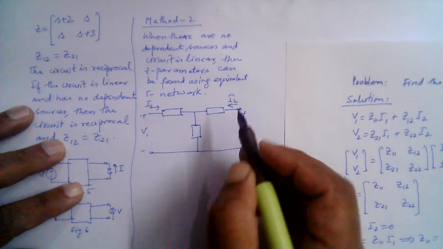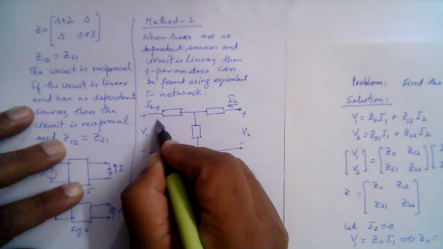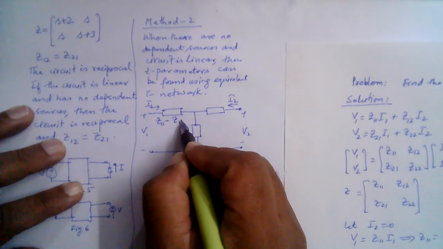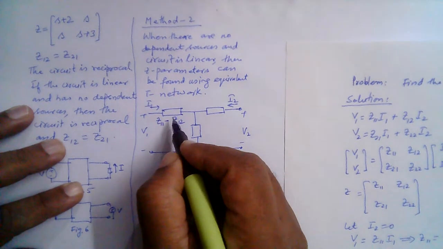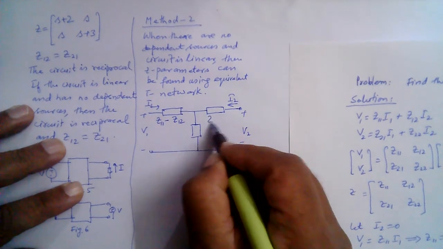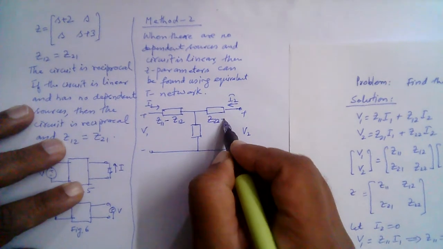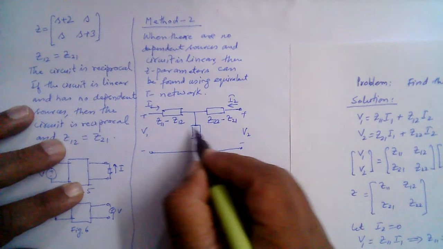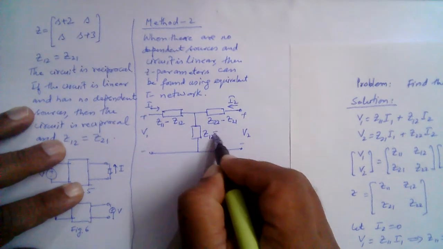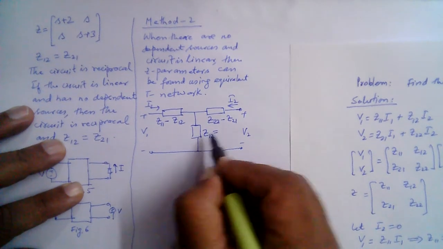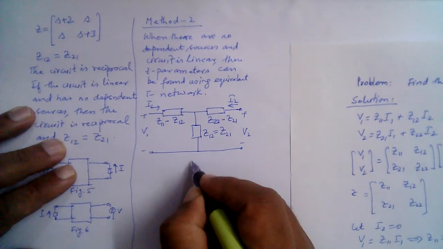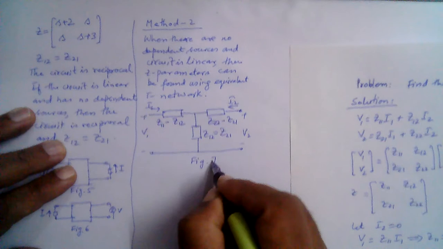This impedance here is Z11 minus Z12, then this is Z22 minus Z21, and this impedance is Z12, which should be equal to Z21 because the circuit is reciprocal. Let me call this fig 7.